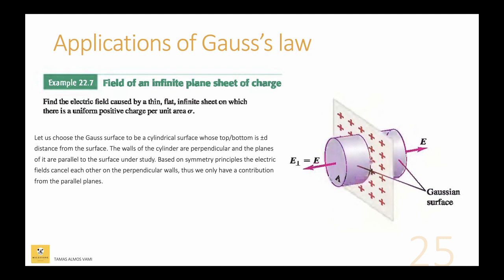Okay, so using the symmetry principle, we realize that the only electric field that stays is the electric field through here, and so everything which is on the side of the cylinder is cancelled by the electric fields created on the other side of this plane.